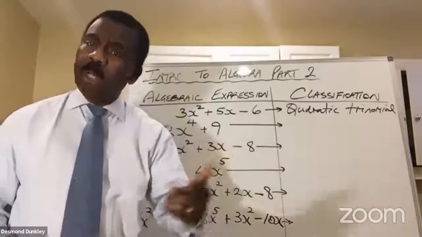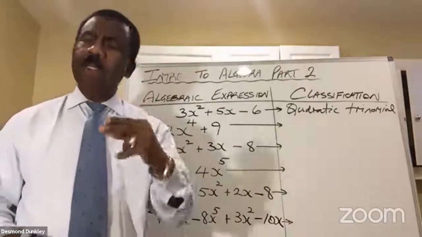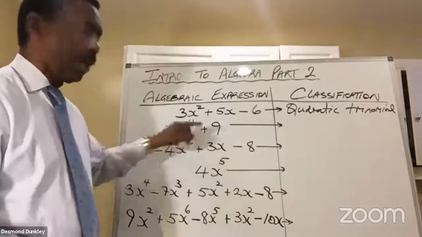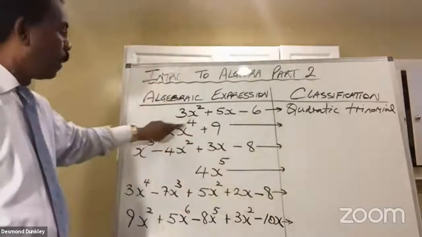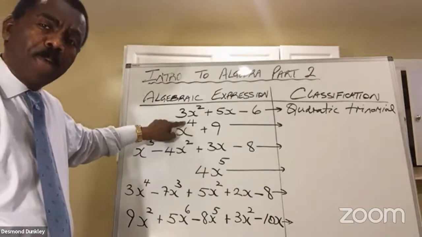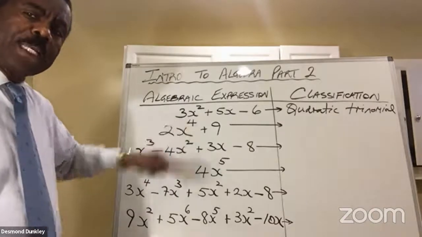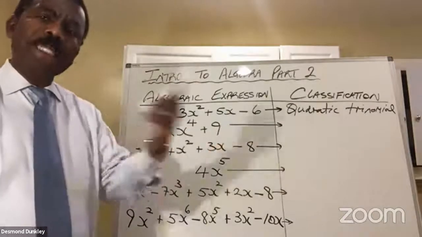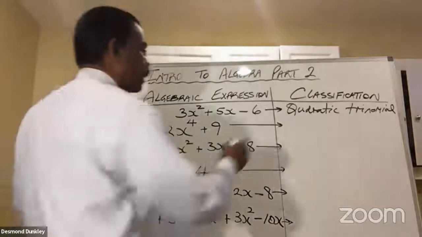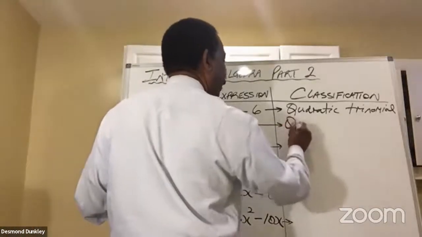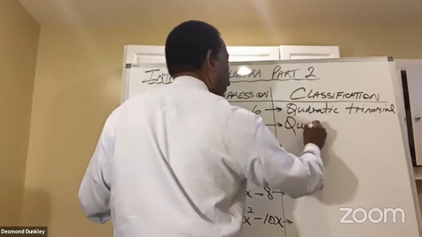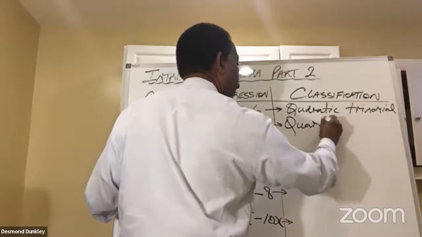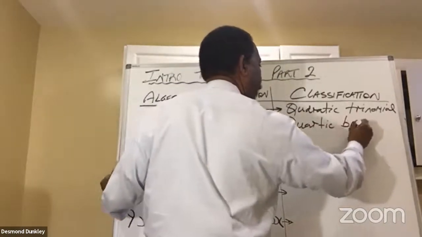Binomial, bilingual, 2 languages, bicycle, binomial, 2 terms. Now, the highest exponent is a 4, and we say that if it's 4, it is quartic. Quartic for degree 4. So this is a quartic binomial.